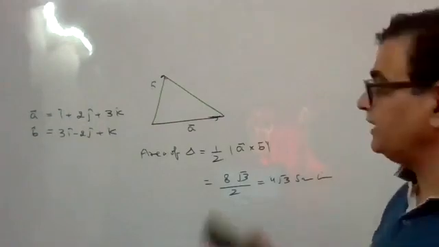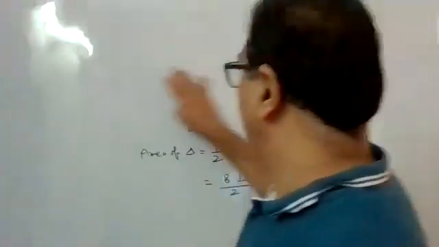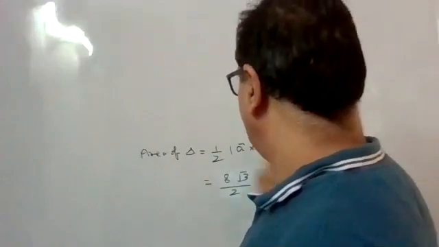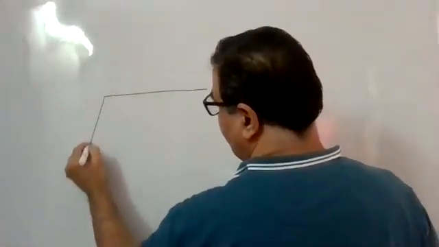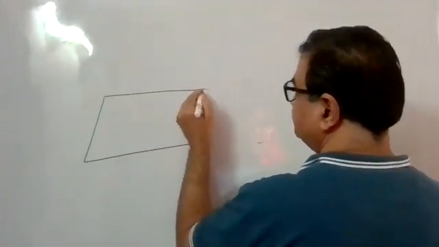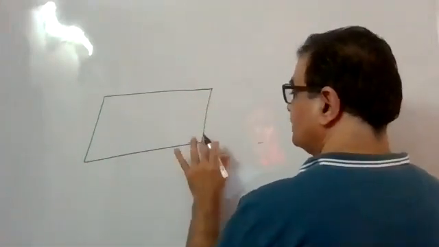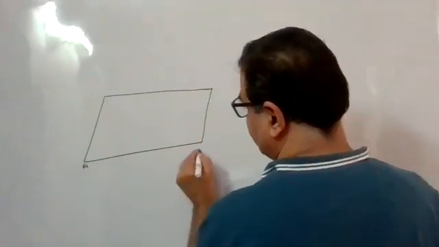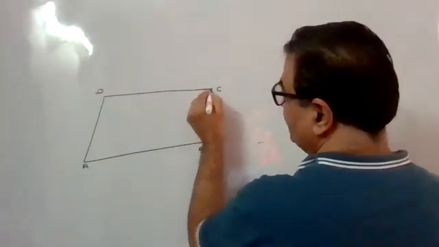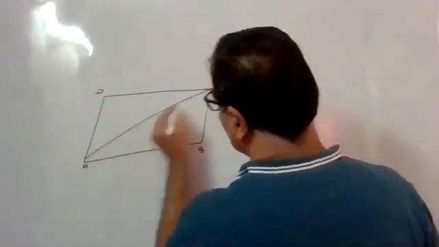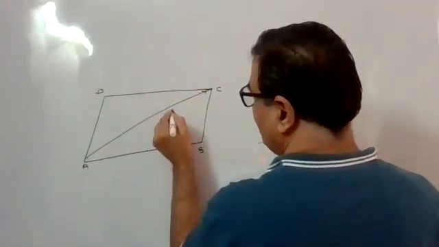Now one more thing. Sometimes they will not give the sides of the parallelogram. They will give the diagonals of a parallelogram, and then they will ask you to find the area of the parallelogram. This is a parallelogram whose diagonals are known to us. This is the diagonal which we call D1.